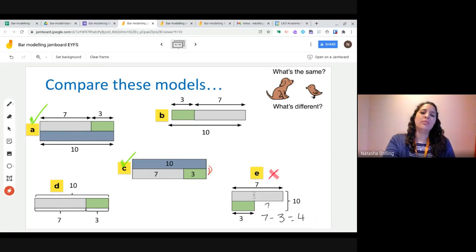It's just really important to note that that can be misconstrued as being inaccurate because you would have 20 cubes in total and not 10 cubes in total, whereas bar models B and D don't have that potential misconception, because you'd have 7 cubes here, you'd have 3 cubes here, and the same here, you'd have your 7 and your 3 cubes, and that would be 10 overall.